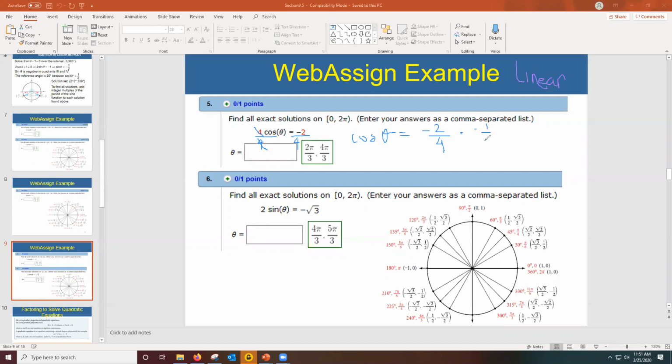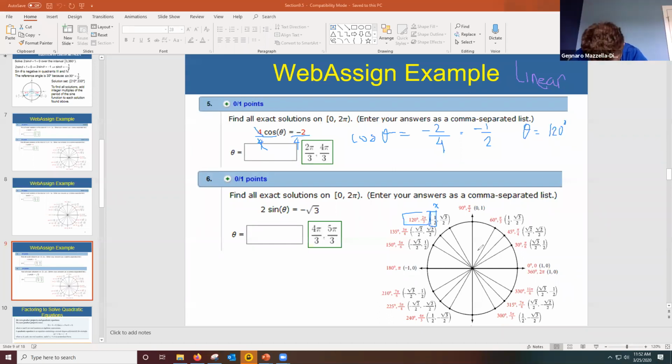So for this answer, I'm going to go around the unit circle, looking where the cosine is equal to negative 1/2. I know the cosine is the x value, so here is one answer. So it looks like one answer is 120 degrees. And I'm noticing here is another answer where the cosine is negative 1/2. So another answer would be 240 degrees.